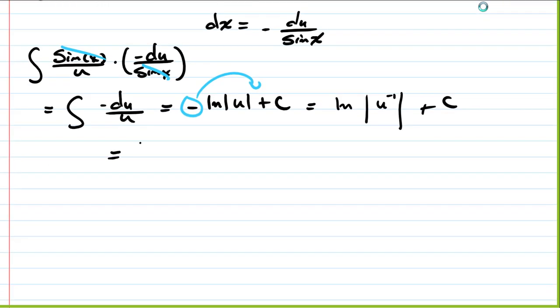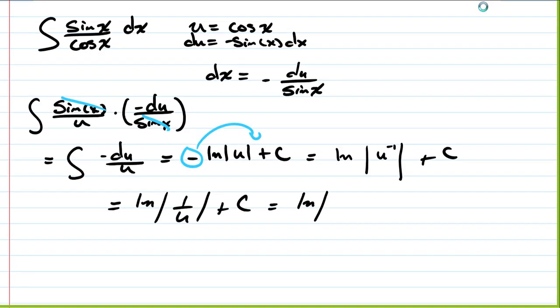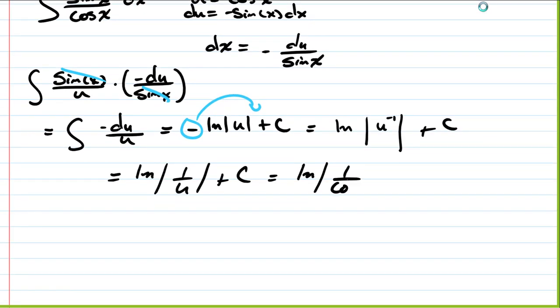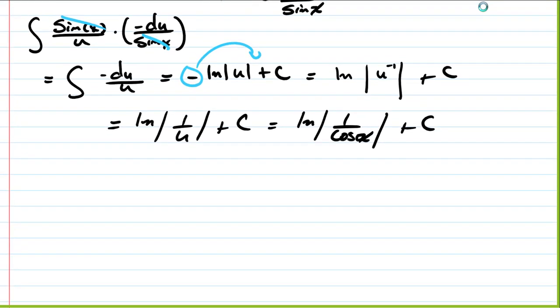Which is then the same as the natural logarithm of 1 over u plus c. So then we have the natural logarithm. u is cosine, so that's 1 over cosine x plus c. But then by the reciprocal identity, 1 over cosine is equal to secant. So we get the natural logarithm of the absolute value of the secant of x plus c.